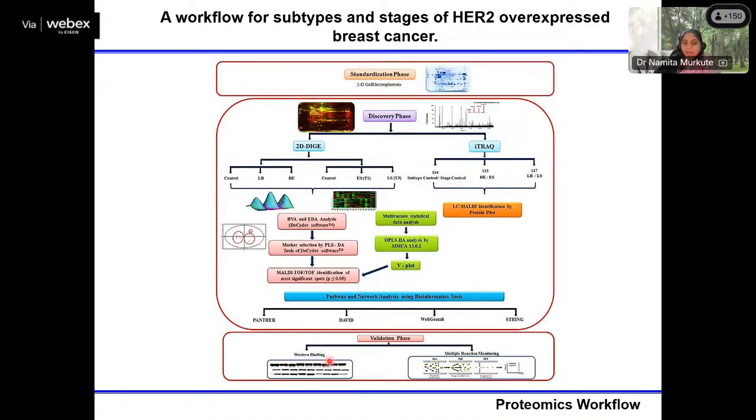So for that I have to do Western blot of those 6 proteins only and multiple targeted analysis by using mass spec, multiple reaction monitoring. So in case of metabolomics also, if you are doing biomarker discovery, you have to validate your metabolome. In that you can't do Western blot of metabolome or lipidome, but you can do the multiple reaction monitoring by using the targeted analysis mass spec, triple quadrupole mass spec.